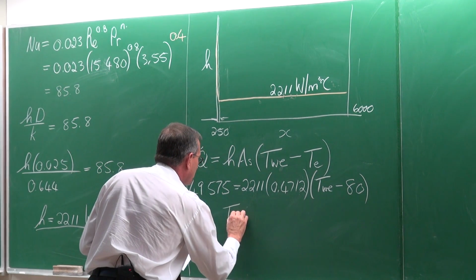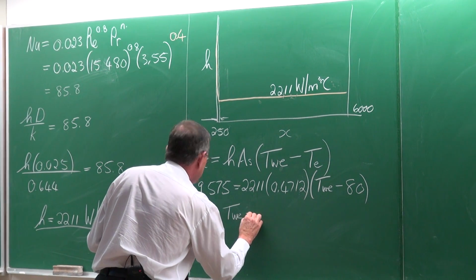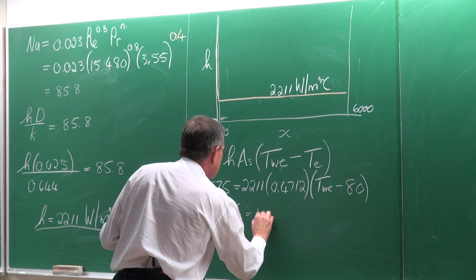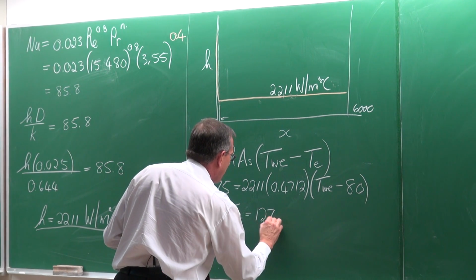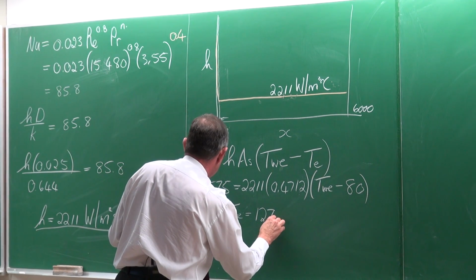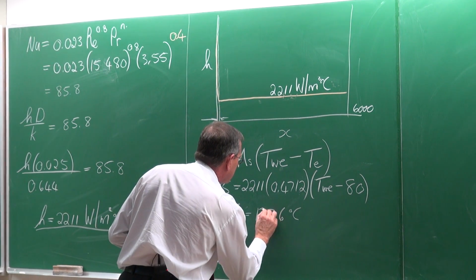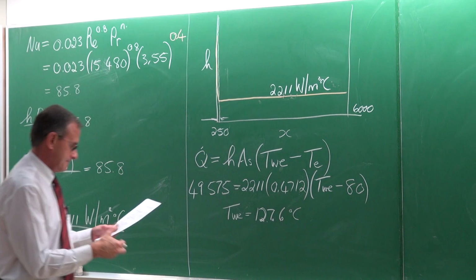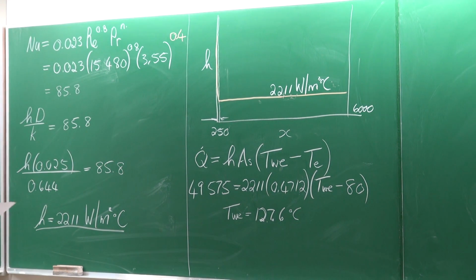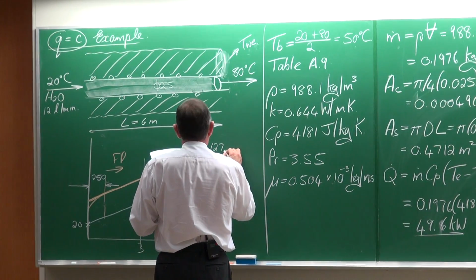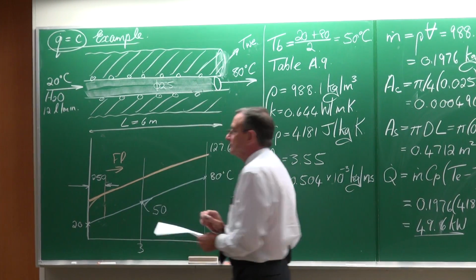And from that, we can calculate that the wall temperature at the outlet must be equal to 127.6 degrees Celsius. Okay, so that temperature here is 127.6 degrees Celsius.